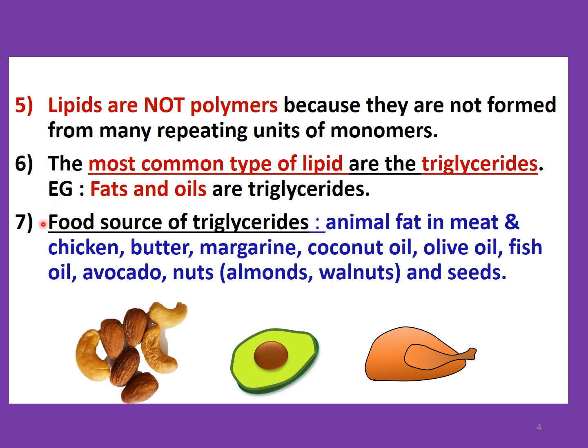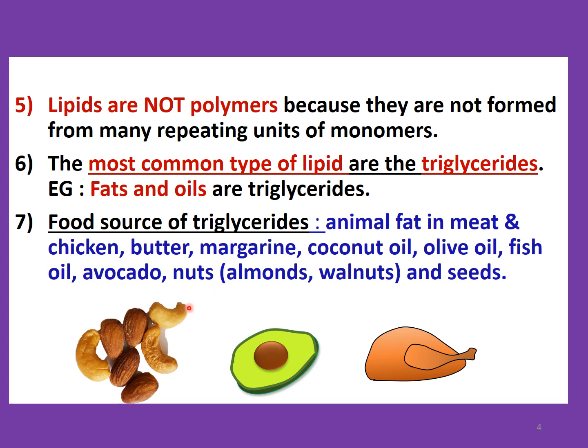Now, food sources of triglycerides. So these are fats: animal fat in meat and chicken, butter, margarine. Coconut oil, olive oil and fish oil are liquid oils. Avocado is a fruit, like this green fruit here, which is quite expensive and is grown in other countries, not our own.